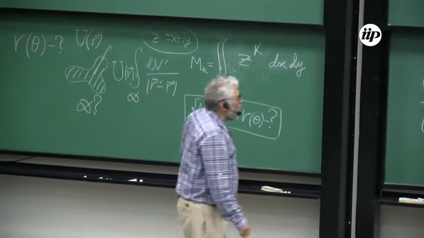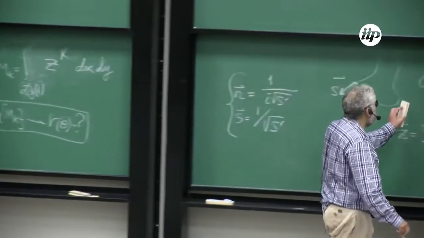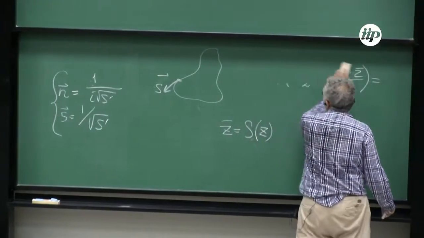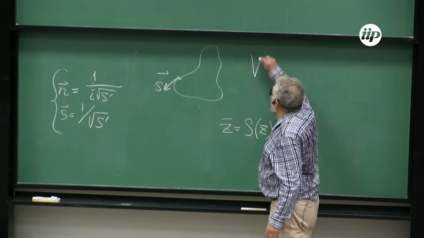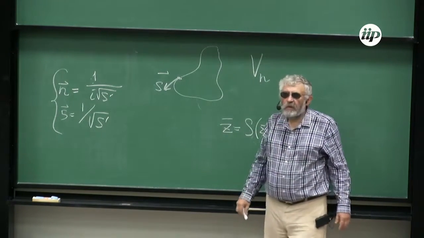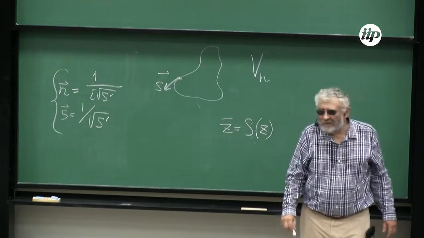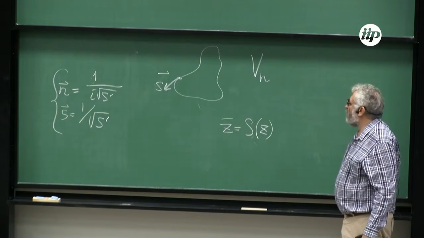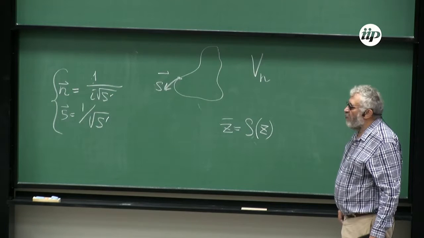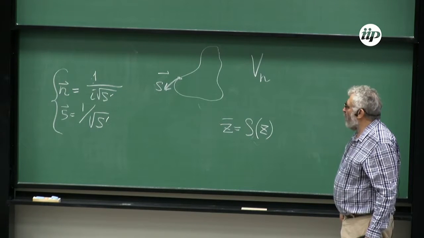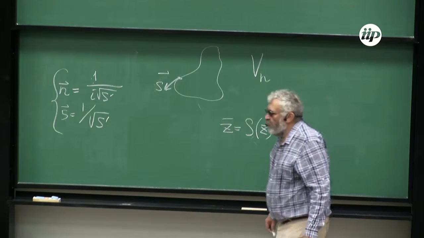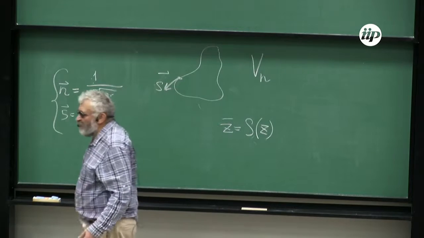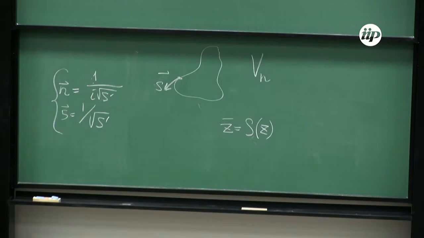Now come back to our problem. What is the normal velocity of the boundary? Now 2 minutes of kinematics. Ara, you hear me well because I am equipped with a microphone, but not the other way around.